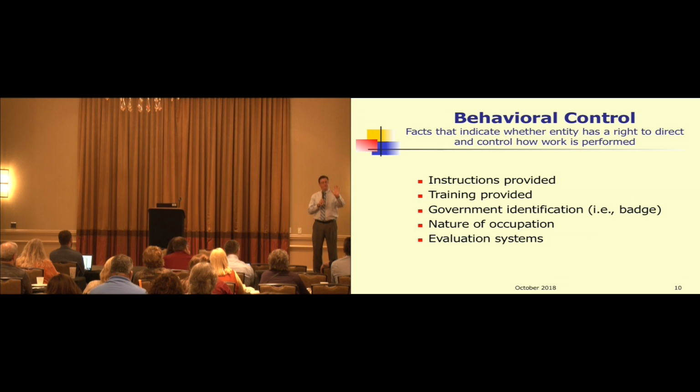I will come in and for $1,000 a month, I will clean your offices. And I will come in when I can. I will use my stuff, right? I've got control over that. Here, the behavioral control falls clearly with the government because they're the ones that have the power and the control in that situation.